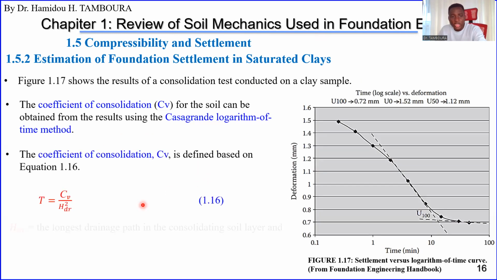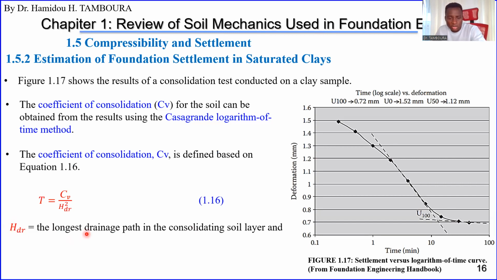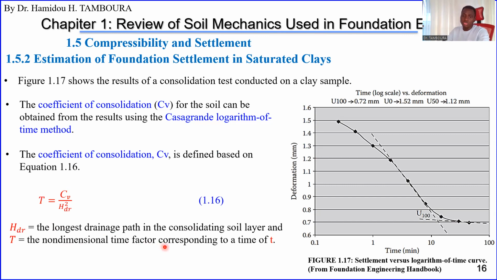So this H is the highest value within these two, the longest drainage path. And T is just a non-dimensional time factor corresponding to time t, the time here. So you can obtain this CV.